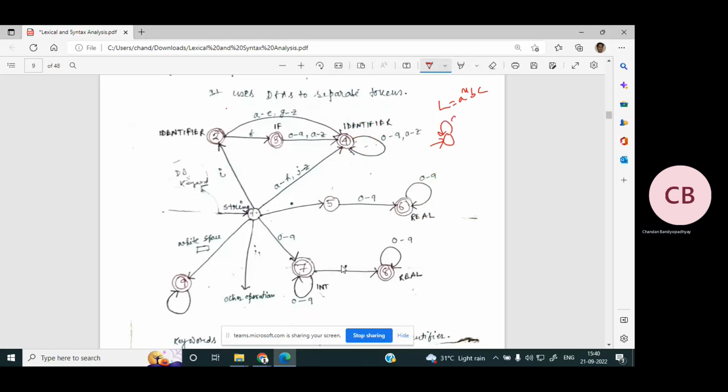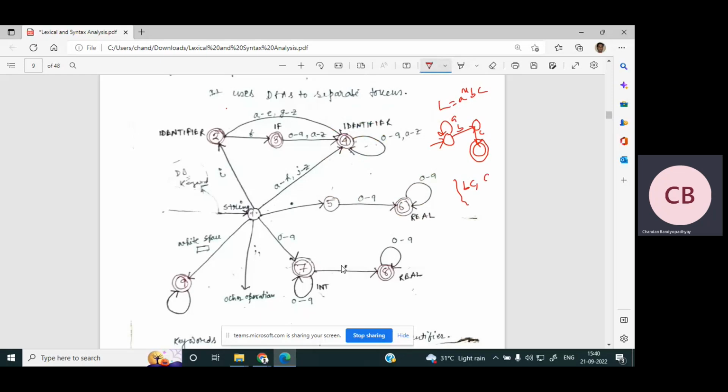This is a, this is b, and here we are moving with c. This is another state. Now this is a to the power n bc, and this is a final state. If I take the string bc, it is accepted because b is here, c is here, and no a moves are required.